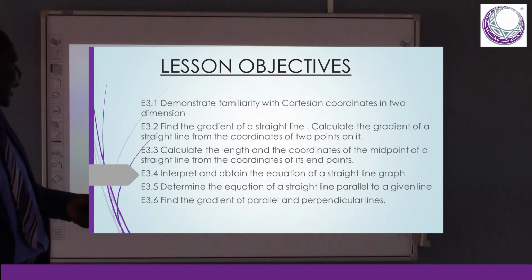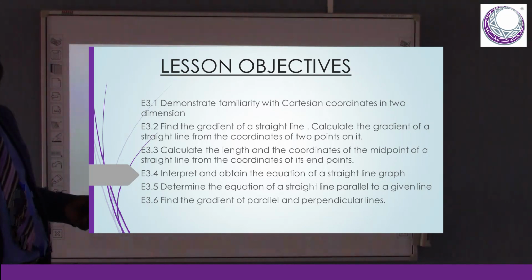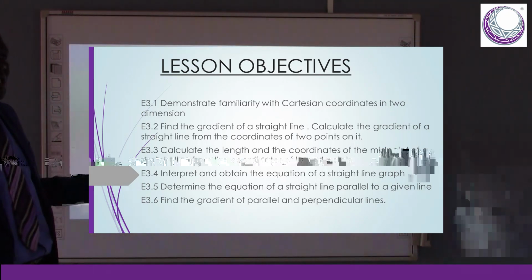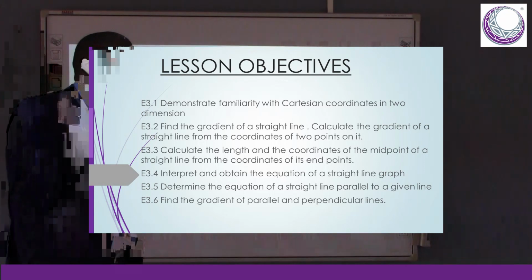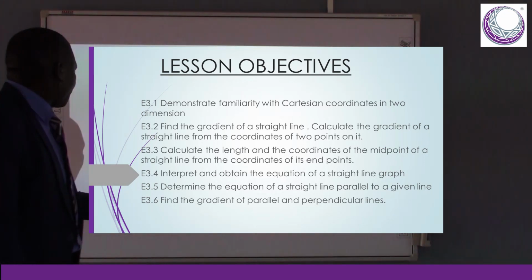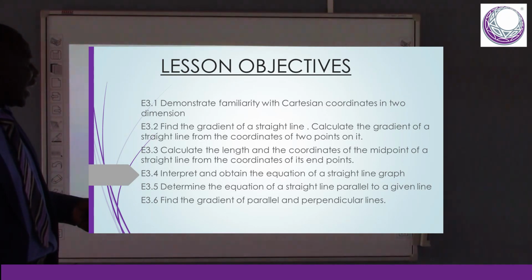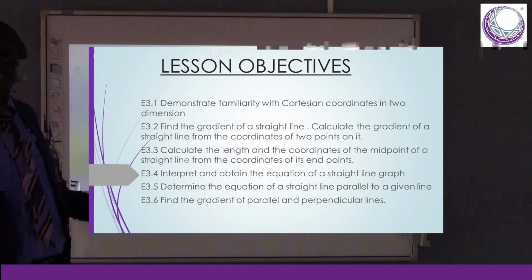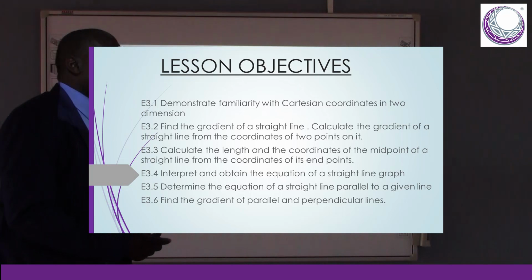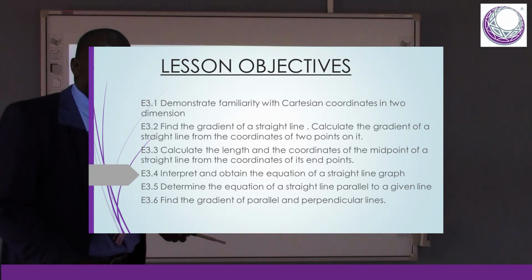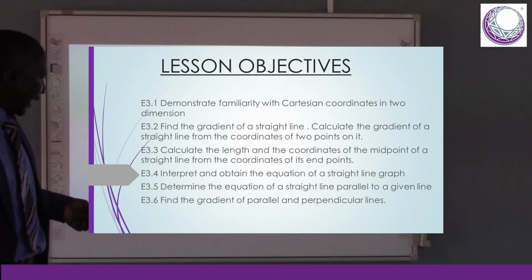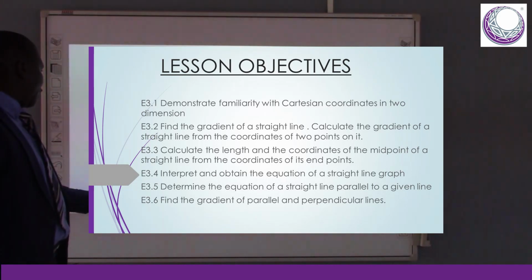E3.4: interpret and obtain the equation of a straight line graph, using the standard form y equals mx plus c. E3.5: determine the equation of a straight line parallel to a given line. So when we are given 2 parallel lines, we should be able to find the equations of those lines.